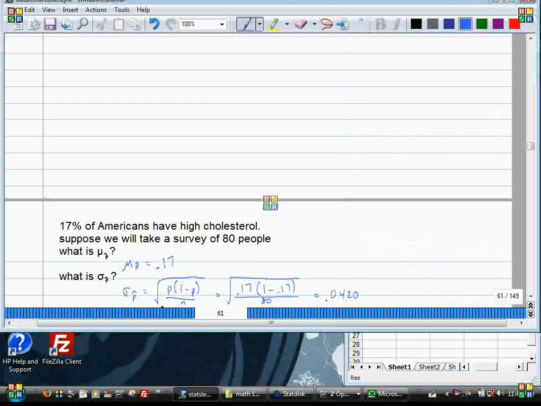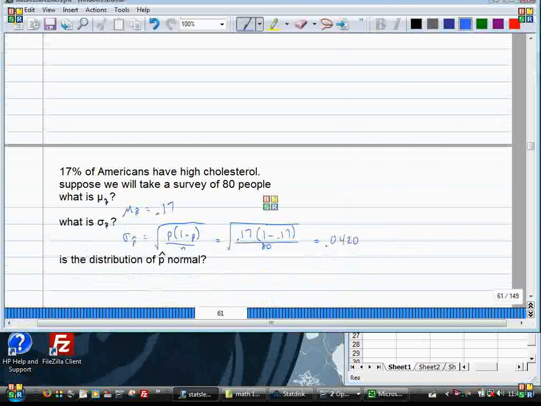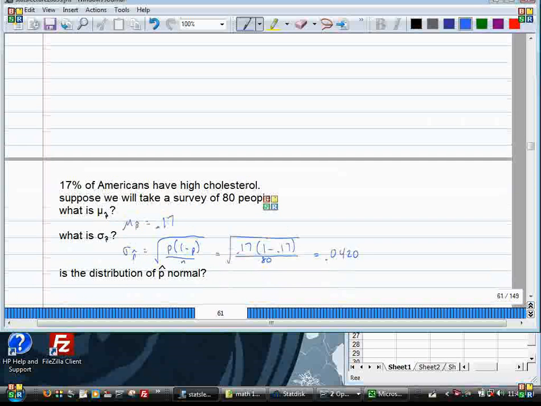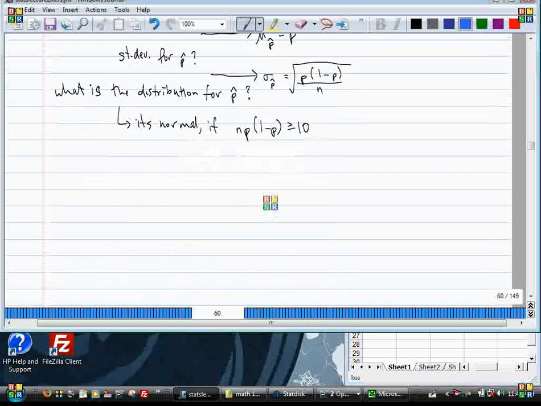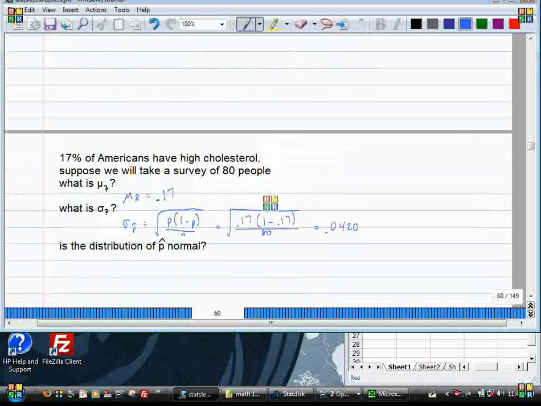Okay, so there's your sigma for p hat, and the third thing is, is the distribution of p hat normal? So how do we check that? Right. So you need np times 1 minus p to be greater than or equal to 10. I'll put a question mark there because I don't know if it's true or not. So what was n? 80.